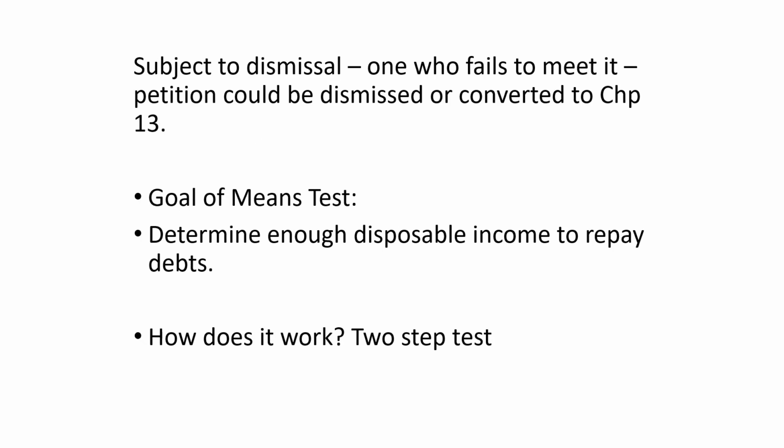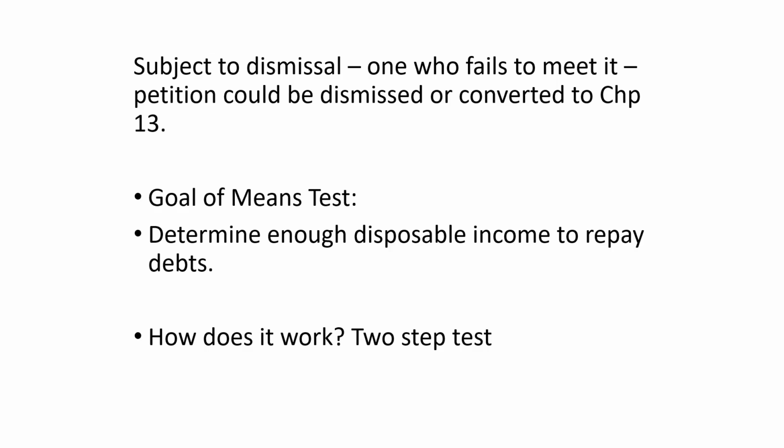If someone doesn't qualify for a Chapter 7, and usually that's because they haven't met the means test, their petition is subject to dismissal. One who fails to meet it, your petition could be dismissed, or if it is a means test issue, it could be converted to a Chapter 13, which we'll discuss in the next video. So the goal of the means test is to determine whether our filer or our debtor can be forgiven through a Chapter 7 bankruptcy.